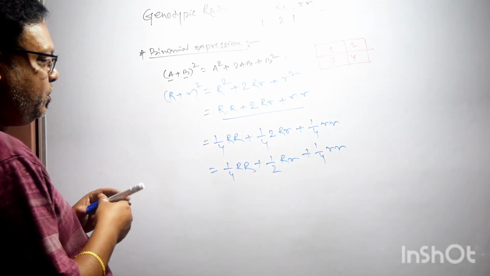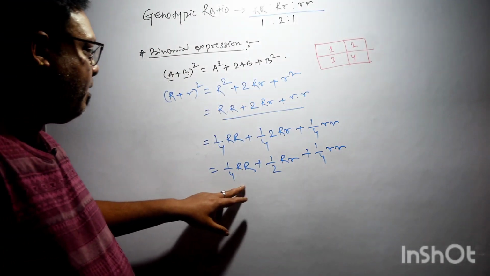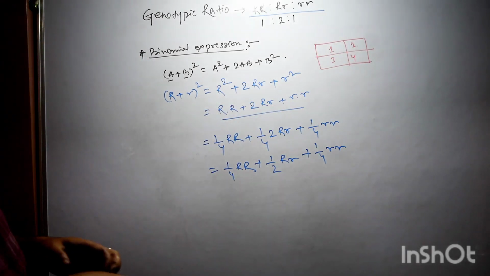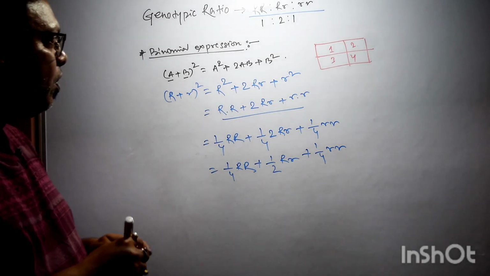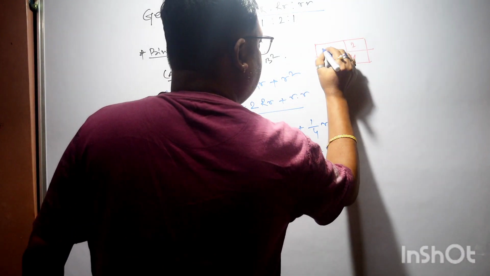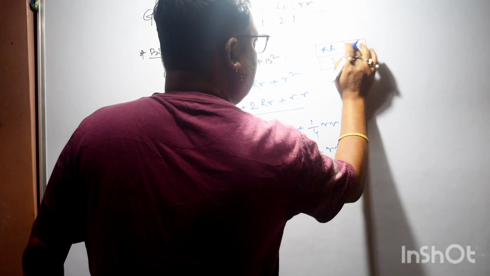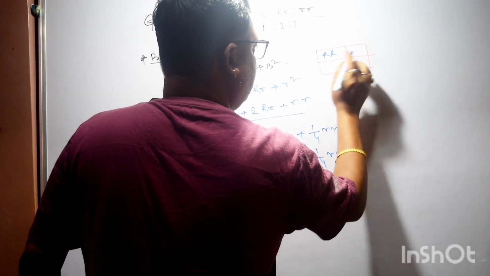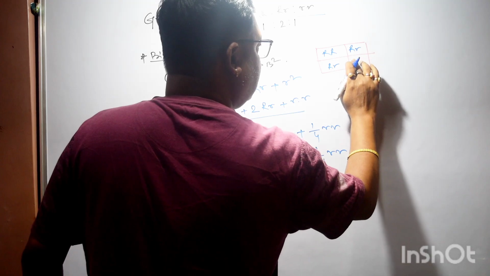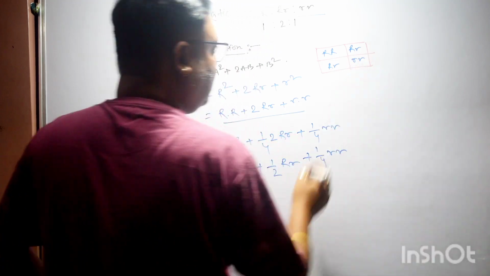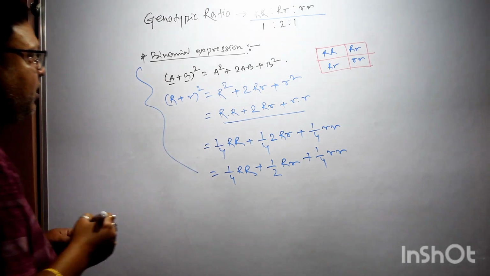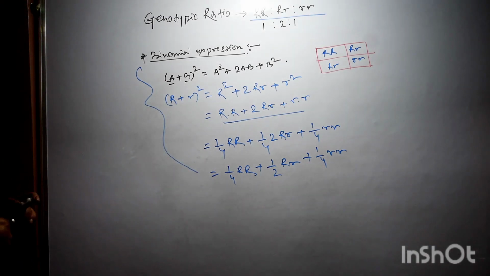Okay, so in 4 sub-squares, the first will be occupied by capital R capital R, the rest 2 will be occupied by capital R smaller r, and the fourth one will be occupied by smaller r smaller r. So this is the binomial expression of genotypic ratio.